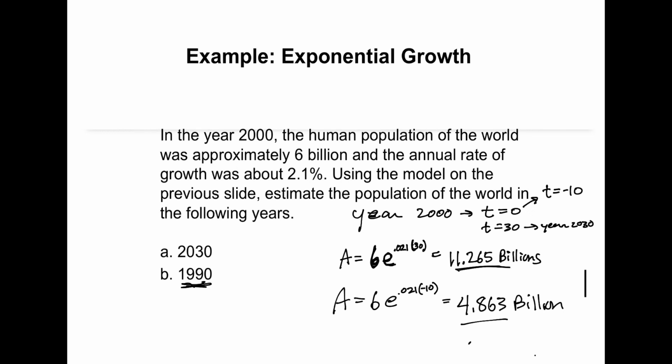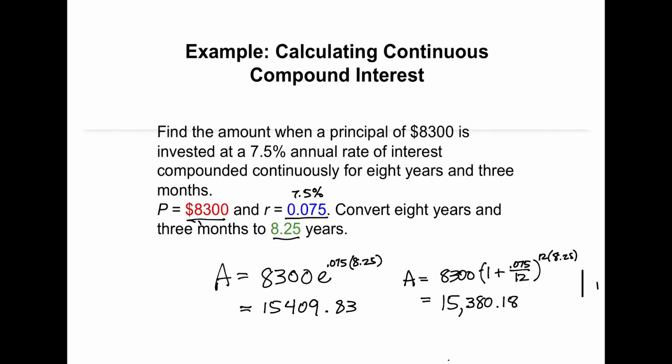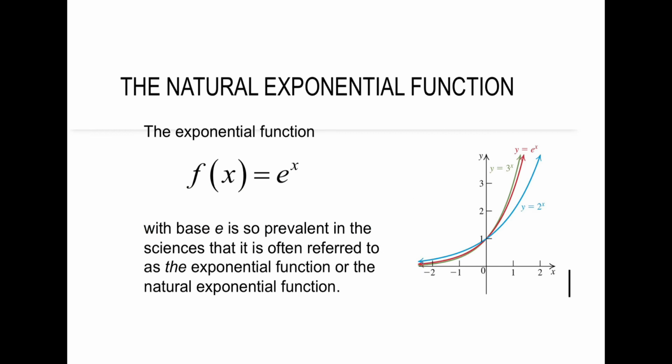And then 30 years ahead, over only 30 years, it almost doubled from 6 to almost 12 billion people. Exponential growth, as we can see from the graphs, gets really big, really fast. There comes a point where we have slow growth, and then it just takes off, right? And it continues to get steeper and steeper and steeper as it grows.